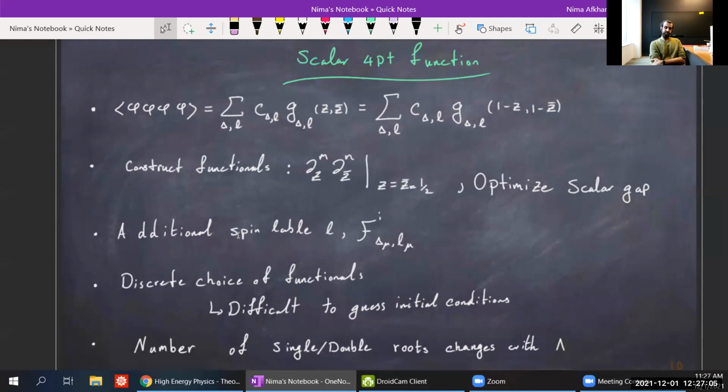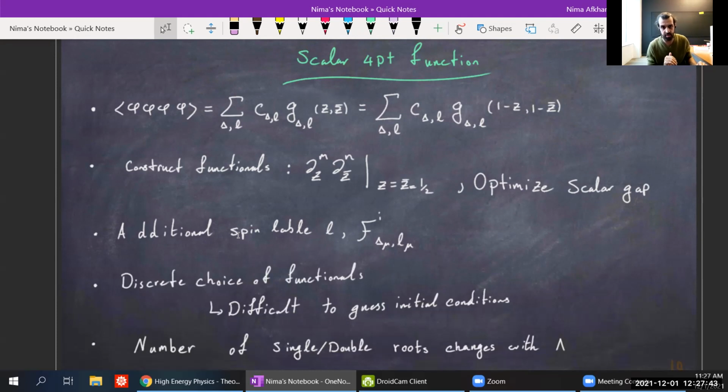And the bootstrap problem I'll be considering is to optimize the scalar gap. There's new ingredients here because now in addition to the scaling dimension, there's also the quantum number of spin. And so this adds the complication that instead of just one functional, there will be many extremal functionals, one corresponding to each spin. And it is not clear where the zeros that correspond to different functionals go and so on. And it's difficult to make initial guesses.